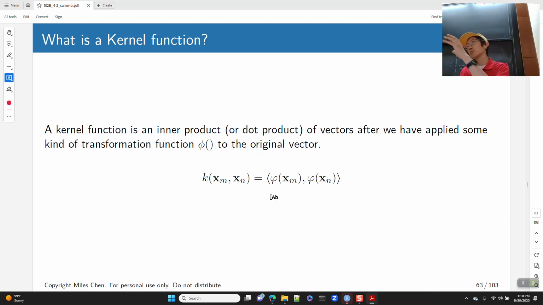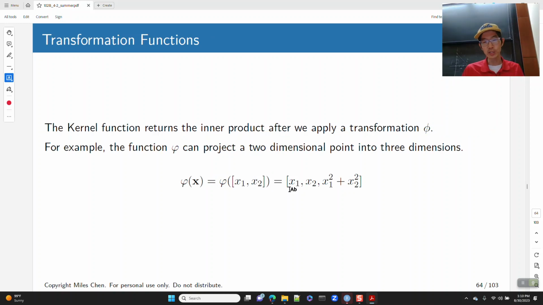So we have this point, we put it into a transformation function phi, and we do the same thing with xn, we put it into the transformation function phi, and then we take the inner product between the transformed vectors.